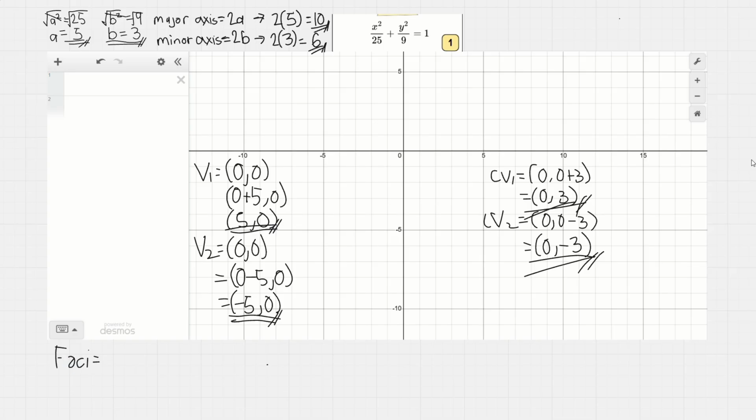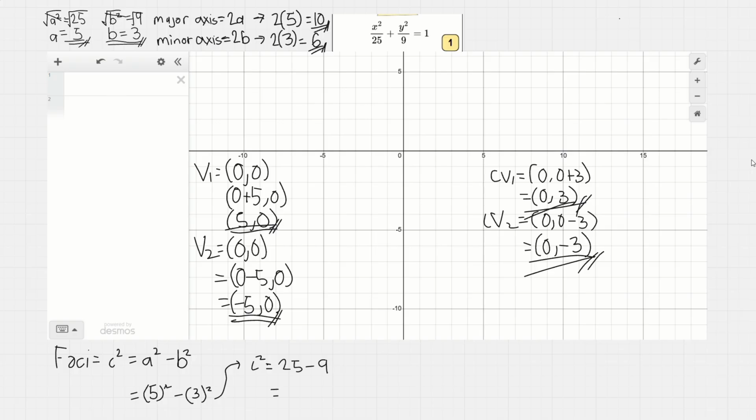For the foci, c squared equals a squared minus b squared. So we will substitute the value of a, which is 5, and the value of b, which is 3. Let's solve. 5 times 5 is 25, minus 3 times 3 is 9.